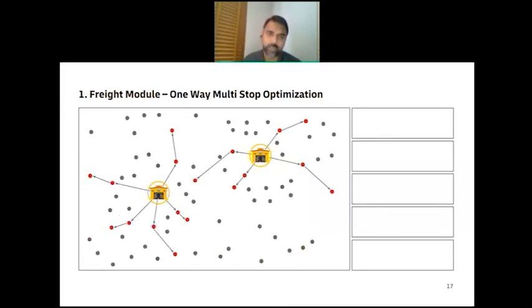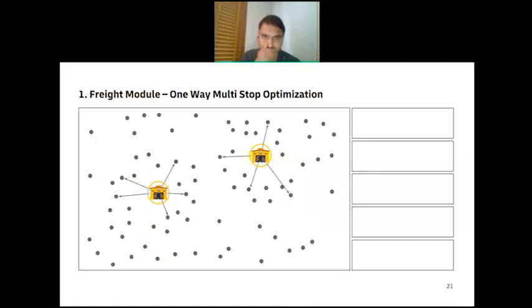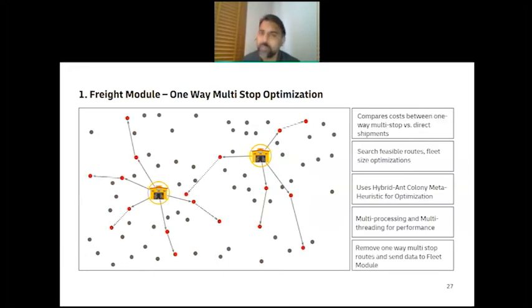Essentially, what the tool is doing is trying to figure out multiple options of one-way multi-stop routes and trying to figure out which ones are the lowest cost. And when I say lowest cost, it means if I were to use a less than truckload delivery with a common carrier, somebody subcontracted outside the company, can I save by doing this?